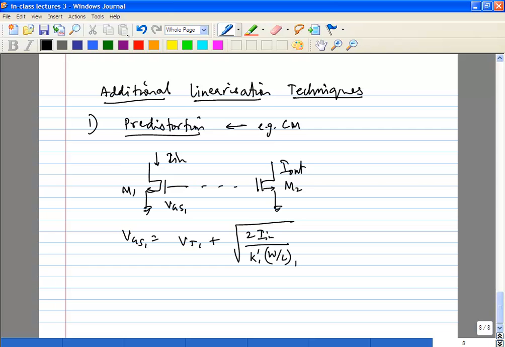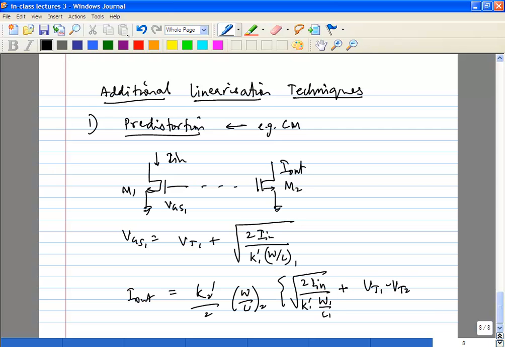And if there is a mismatch, that will end up at the output, causing an output error. That is well known.